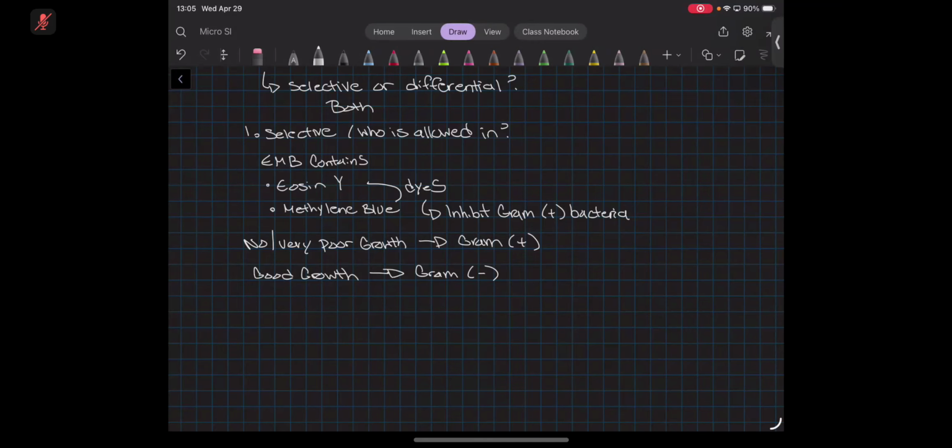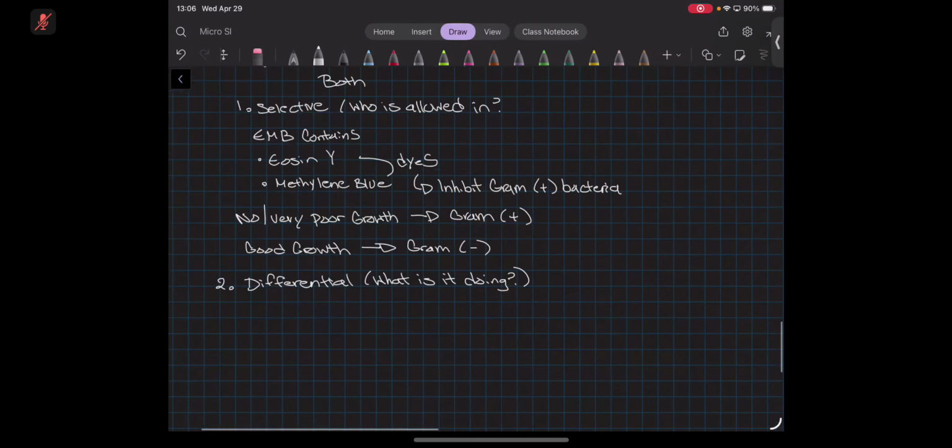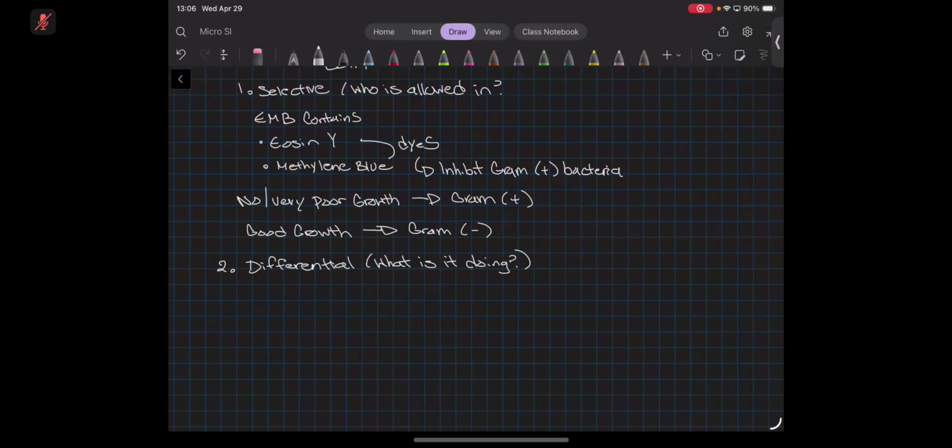Now, the differential part of the agar is basically asking, what is this bacteria doing? So they're asking, are they fermenting lactose or sucrose?